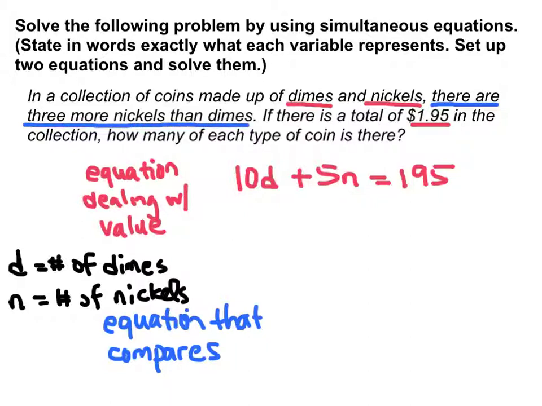So they did not give us the total number of coins. They did not specify how many nickels or how many dimes there are. All we know is that there are 3 more nickels than dimes. So when I read this, I know that it compares the number of coins.